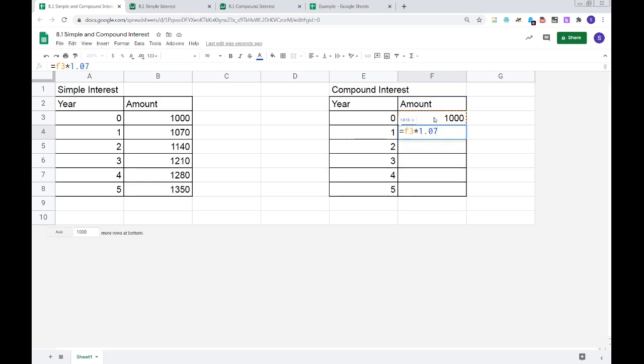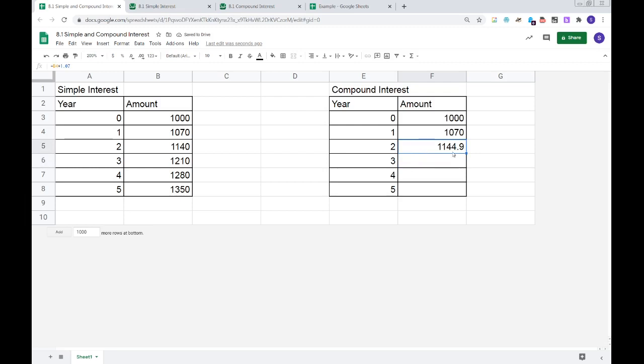So it's going to grow by 7%. So it's actually the same as in the first case. Now for the second year, we're going to do exactly the same thing. We're going to take that B4 and we're going to multiply it by 1.07. Now we have a different number.